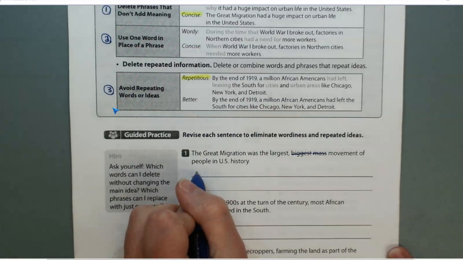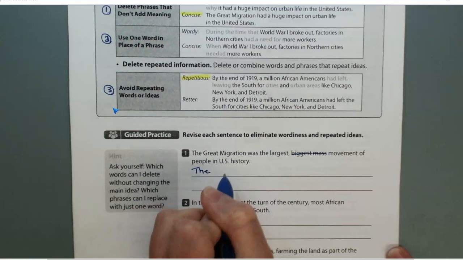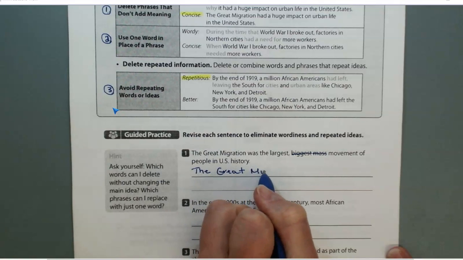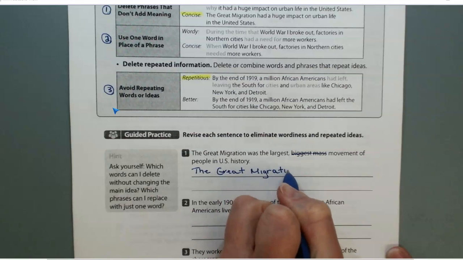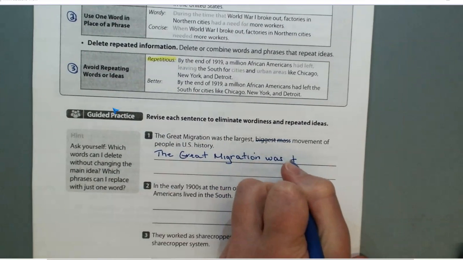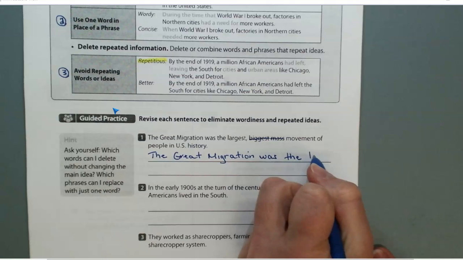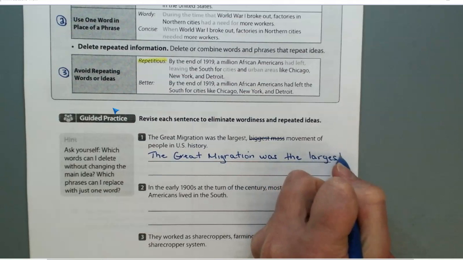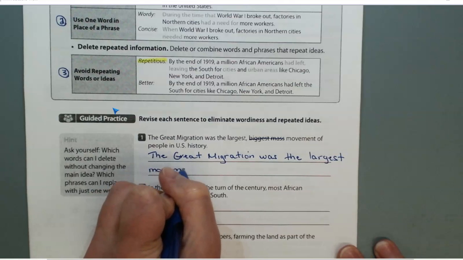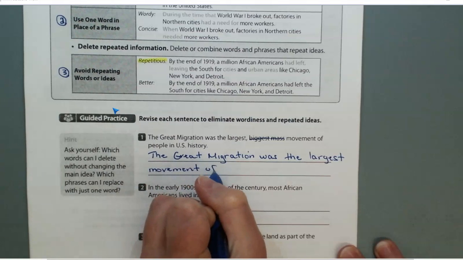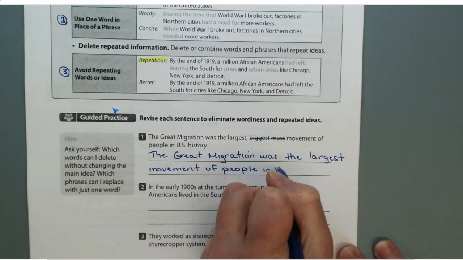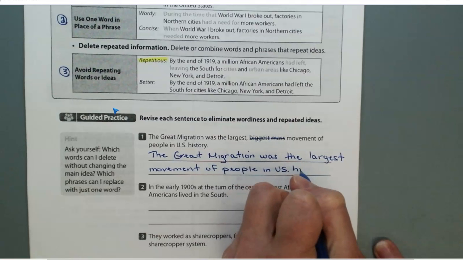So then we are left with: the Great Migration was the largest movement in U.S. history.